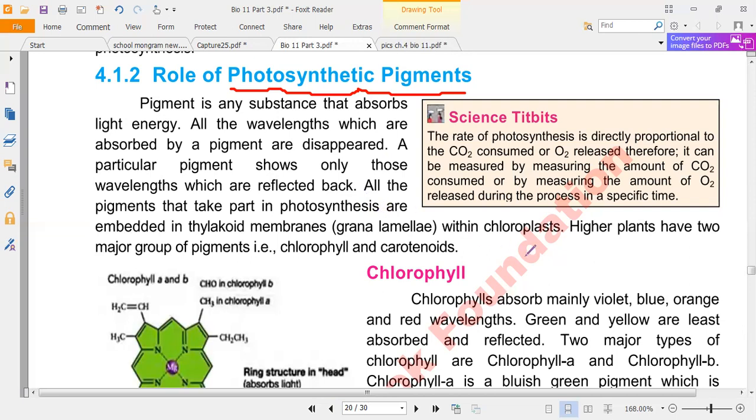So mostly green color is reflected back into our eyes. That's why we can see that these plants are green in color. The molecules of the photosynthetic pigments are embedded in the thylakoid membrane.